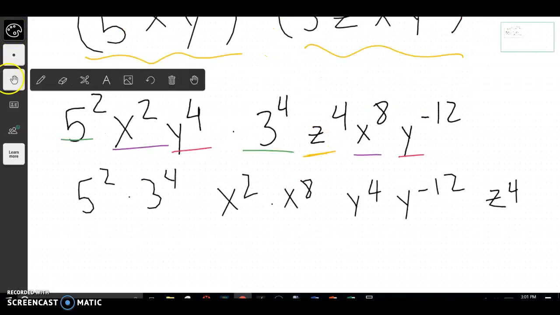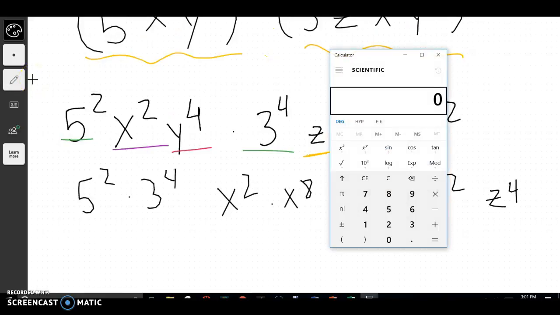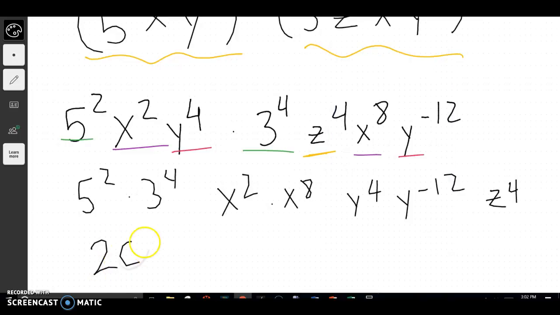So this first one, well, 5 to the 2nd would be 5 times 5, and that's 25, and then we have to times 3 4 times. So that's a big number, 2025. This would become x to the 10th, because 2 plus 8 is 10, and that's what happens when we multiply.